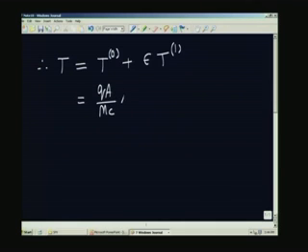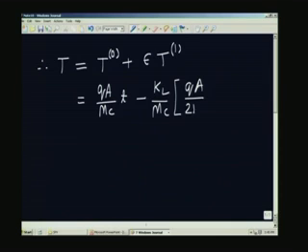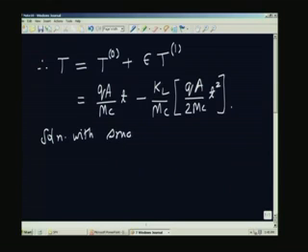Therefore, t will be equal to t naught plus epsilon t1, and t naught is qa by mc into t minus epsilon, which is kl by mc, multiplied by qa by 2 mc into t square. So, this becomes the solution with a small amount of loss.